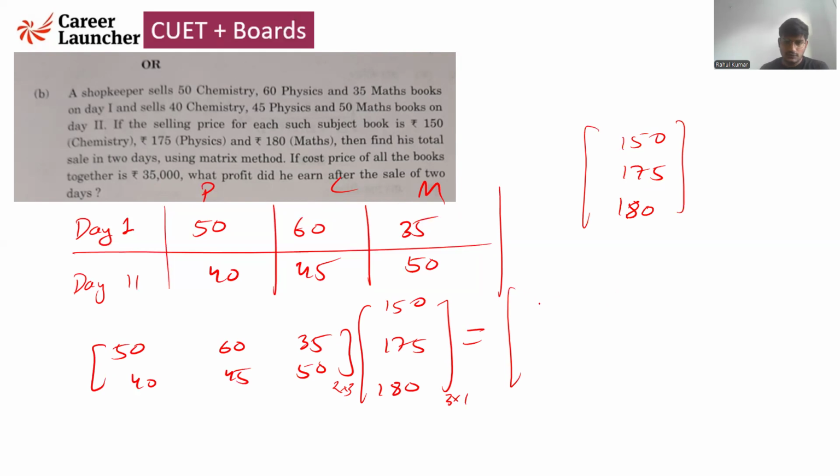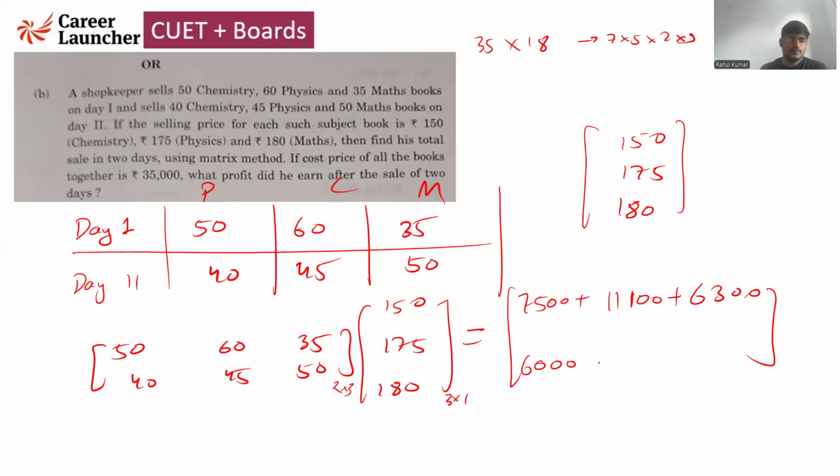Let's solve this one. 50 into 150 is 7500, plus 60 into 175 is 10500. Then 35 into 180, we need to multiply, so we can write it as 7 into 5 and 2 into 9. 7 times 9 is 63, and then double zero, and the second is also zeros. I think there will be a triple zero.